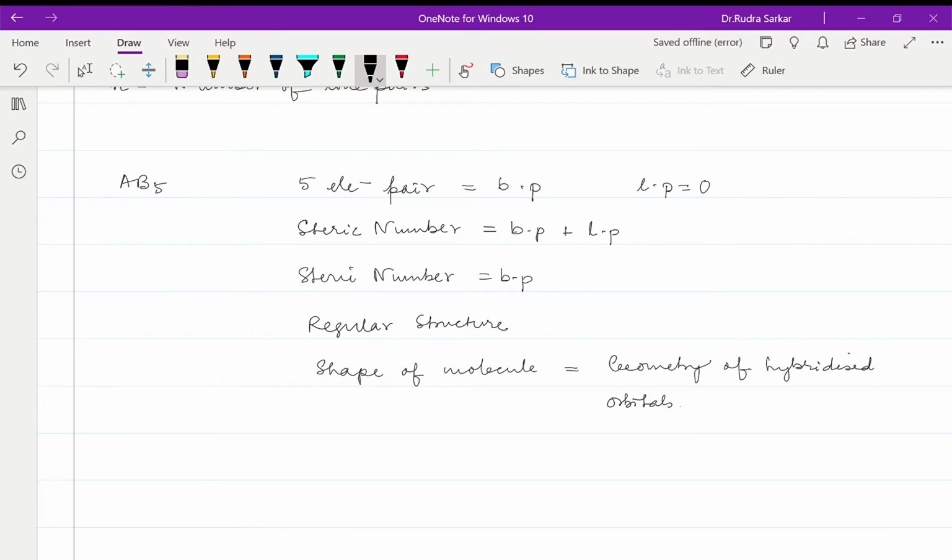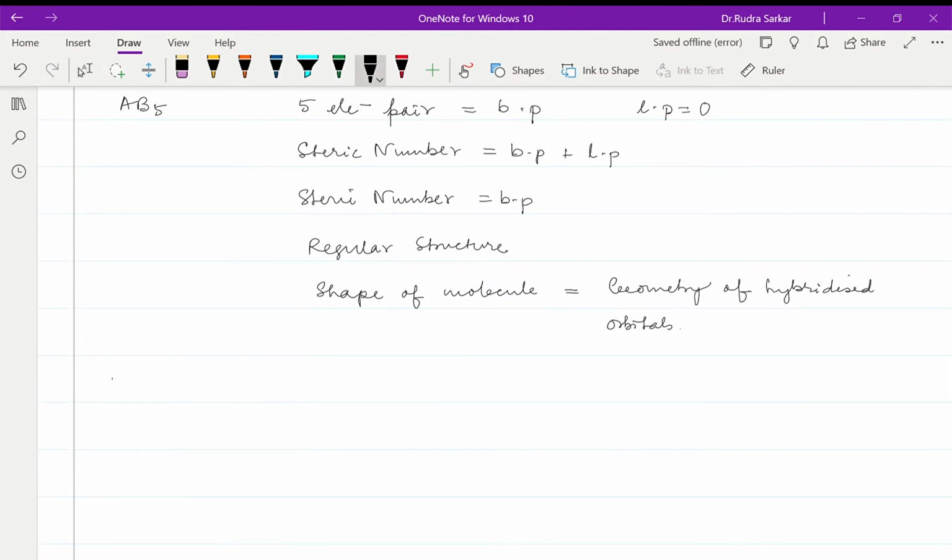Now we know from our previous lectures that if the steric number is 2, we say the hybridization is sp. If it is 3, we say it is sp2. If it is 4, we say it is sp3. And if it is 5, we say it is sp3d. Okay, so this is what we know from our previous classes.